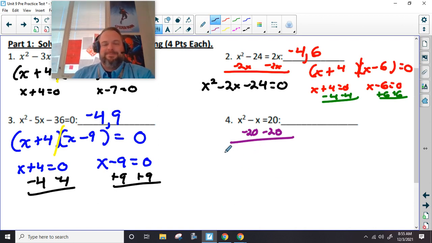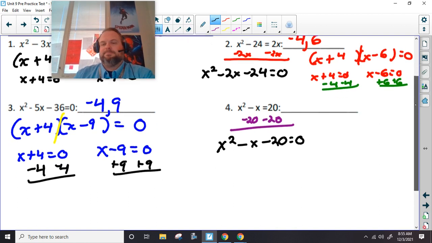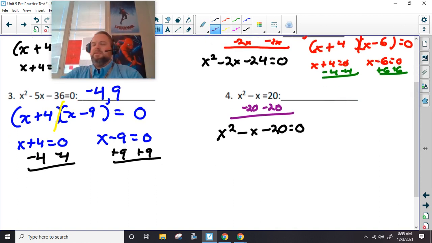Yeah, on this side it won't go away because those are unlike terms. All right. I'm going to move that over.